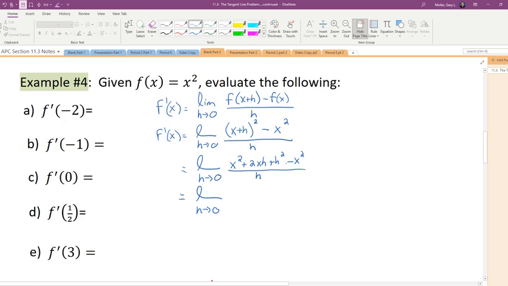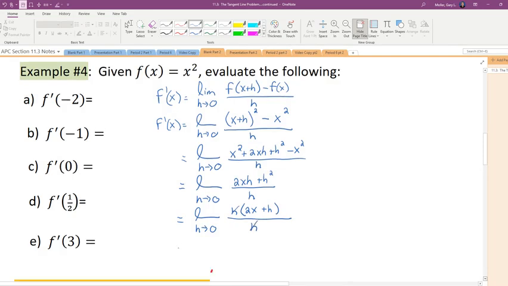Let's see, the x squareds cancel out. I get 2xh plus h squared over h. I'm going to factor h out. And of course, those cancel.